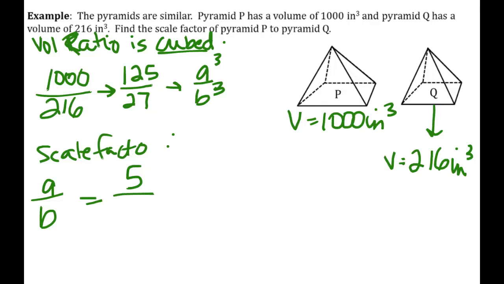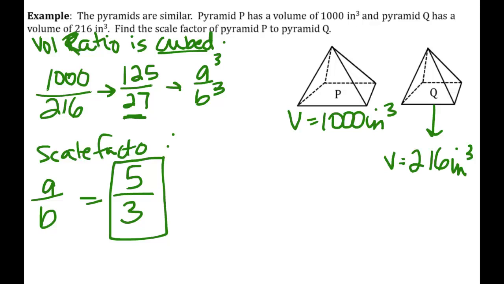Or think: what number multiplied by itself 3 times gives me 125? That's 5. For 27, what number multiplied by itself 3 times gives 27? That is 3. The scale factor between these two is 5/3.